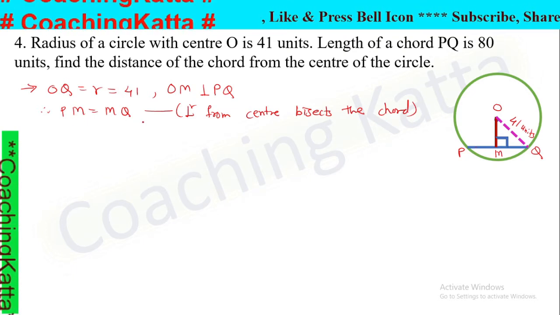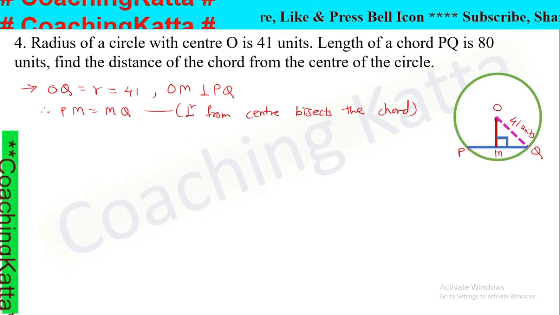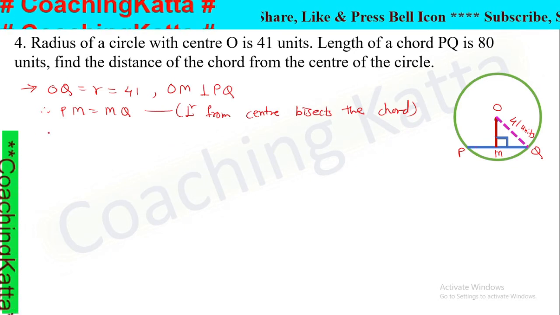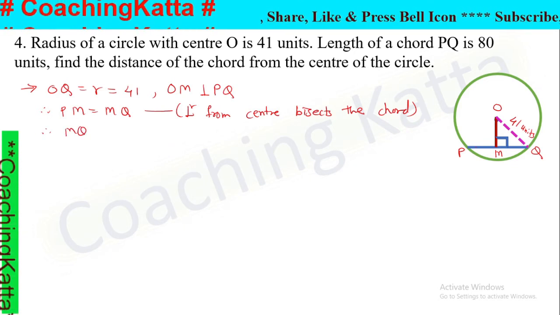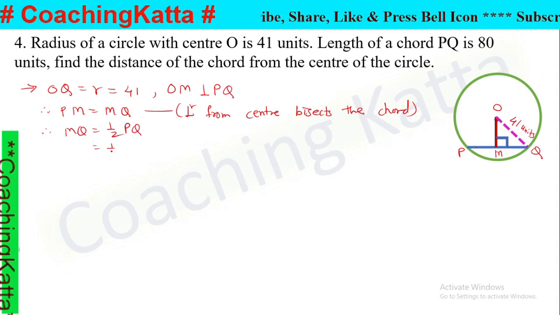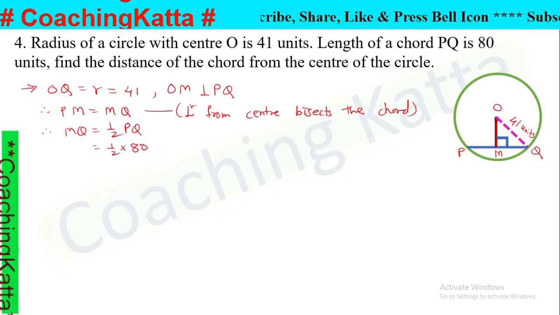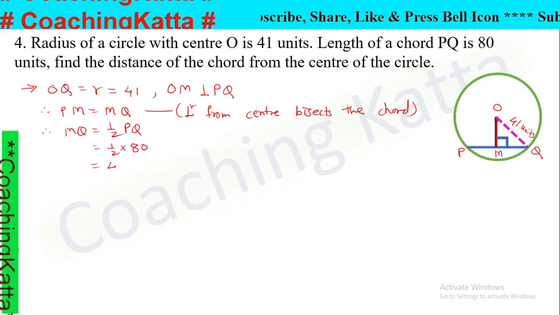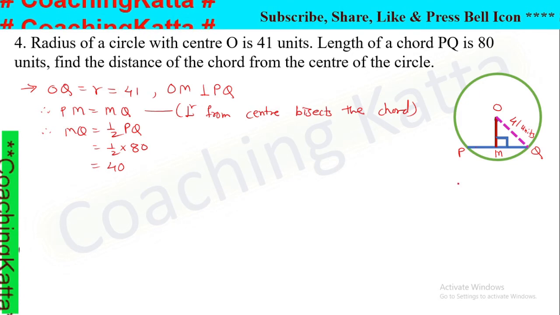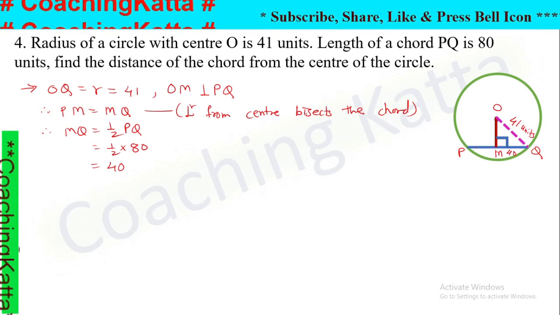Therefore PM equals MQ, and the reason is that the perpendicular from the center bisects the chord. We know the value of PQ, so MQ equals half of PQ. Put the value of PQ, which is 80, so MQ equals 40 units.